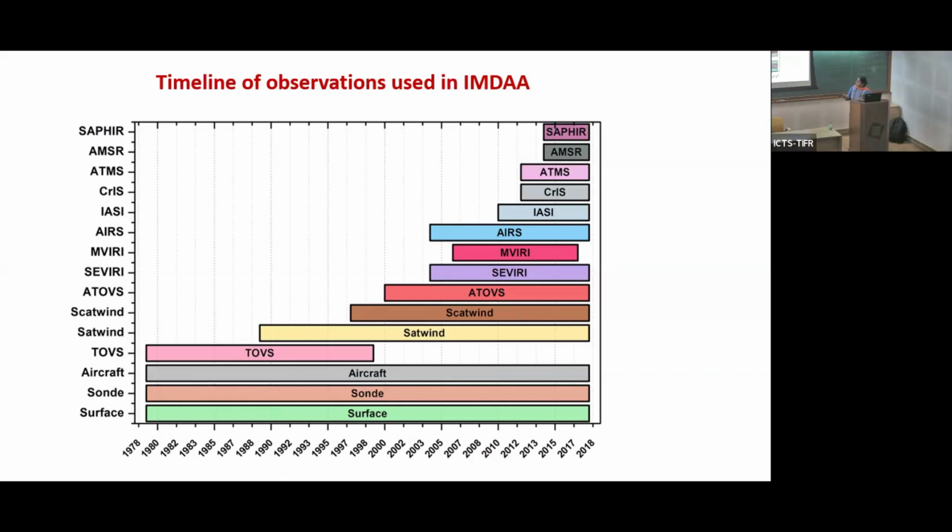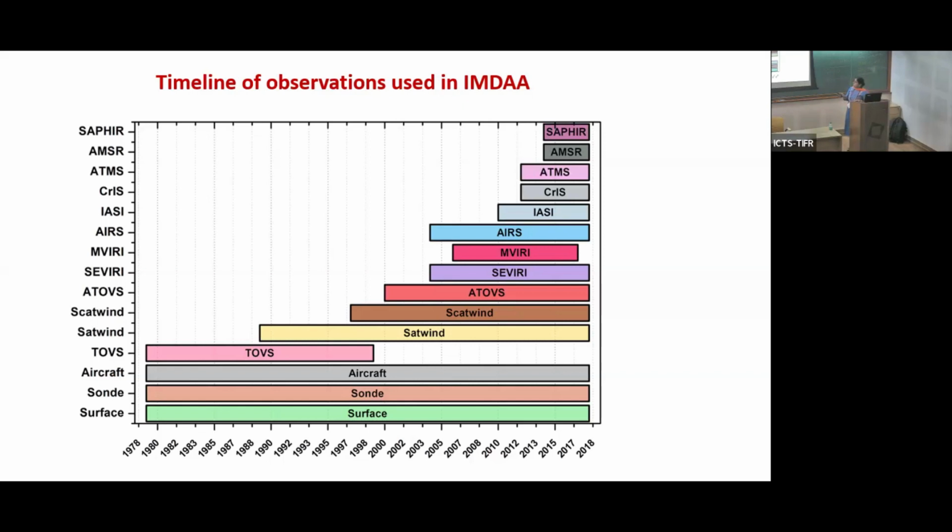You can see the timeline when we introduced these different types of data. From 79 to 1999 we have TOVS, then we introduced the satellite winds maybe around 1988 or 1989. Then the scatterometer wind, from QuikSCAT onwards, we introduced that data.